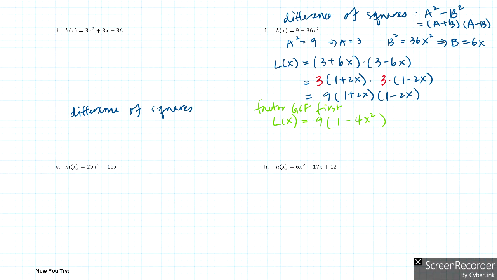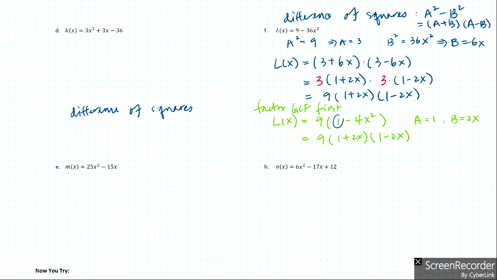And then recognizing this is our new a squared and this is our new b squared, you would have a equal to 1 and b equal to 2x, because the square root of 4 becomes 2 and the square root of x squared becomes x. And now again, using what we know about the difference of squares, we would have 9 times 1 plus 2x, 1 minus 2x.